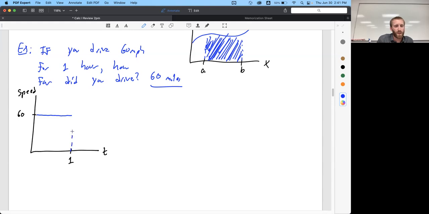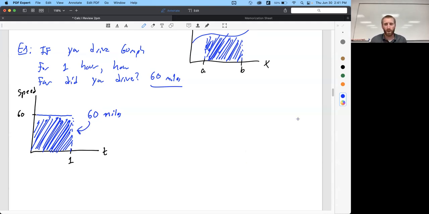To figure out how far we went, we multiply the speed by the time, which was 60. And that's exactly equal to this area, because this is just a rectangle with a height of 60 and a base of 1. So 60 miles is the area of that rectangle.